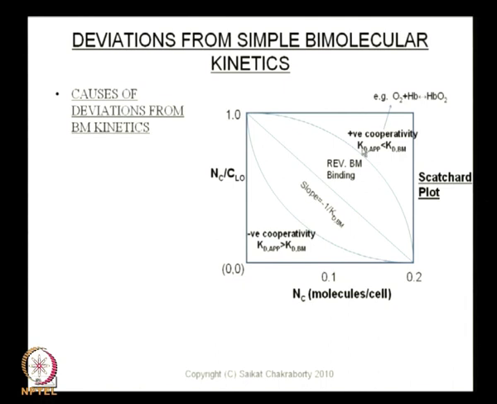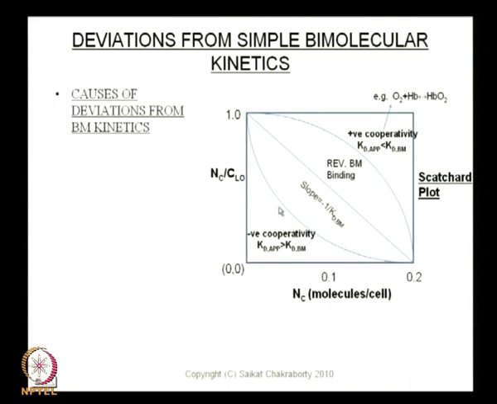What we did in the last class was a simplistic case of simple bimolecular kinetics. If you have simple bimolecular kinetics, as I showed, the slope is simply going to be minus 1 over KD, and the intercept is going to be nRT over KD, and you can evaluate KD and nRT.